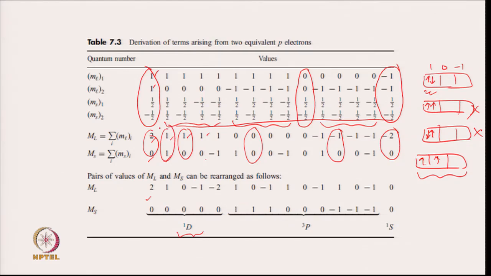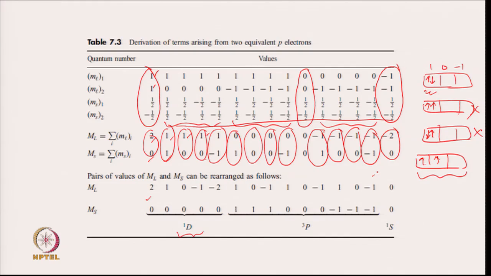You have 1 1, then 0 1, then minus 1 1, then 1 0, this is 1 0, and 0 0, minus 1 0, 1 minus 1, 0 minus 1, and minus 1 minus 1.